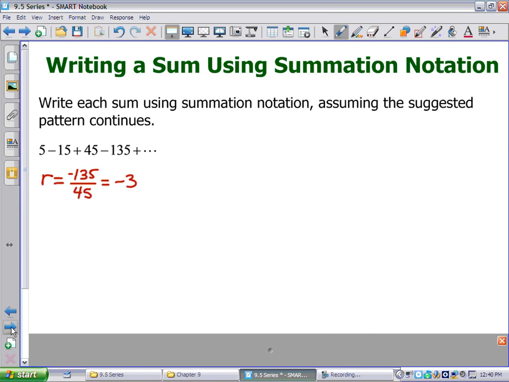Okay, well, let's try another one. That would say 45, divide that by the previous term, that's negative 15, and that comes out to be negative 3. And then if you did negative 15 over 5, that'll come out to be negative 3. So here our r is negative 3, and it is geometric.